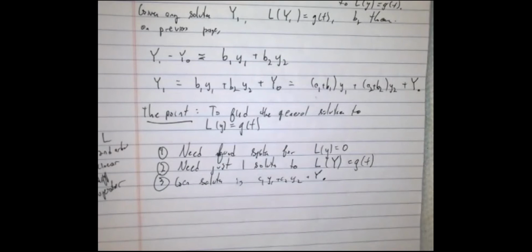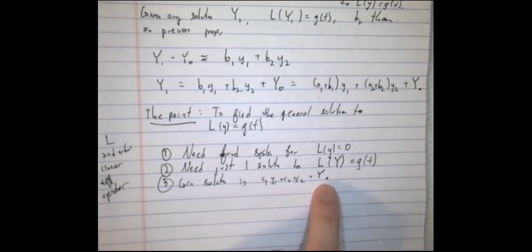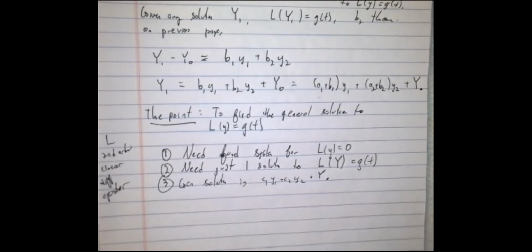So you see we've actually linked these solutions to the non-homogeneous differential equation very tightly to the solutions to the homogeneous differential equation. They're only different by some solution to the non-homogeneous differential equation, and then all of them look like this.